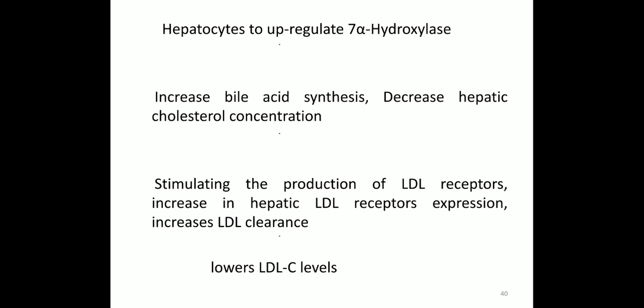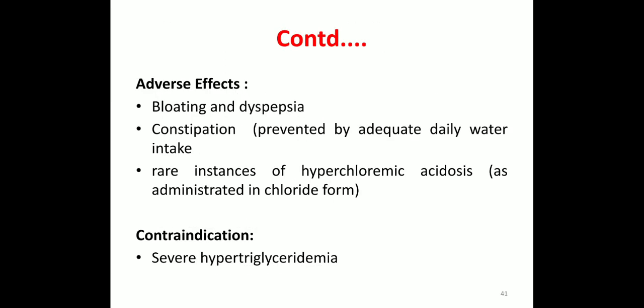It decreases the absorption. Regarding adverse effects, as we have seen, the drug is not absorbed but is excreted with the bile acid in the intestine. Adverse effects are bloating, dyspepsia, constipation, and in rare instances hyperchloremic acidosis.